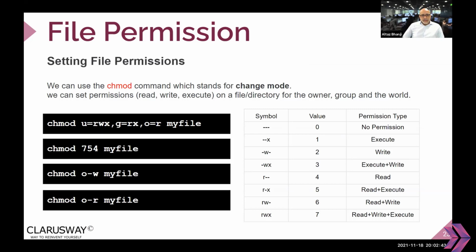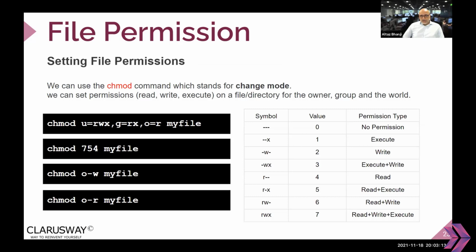So I'm going to say chmod u, so user or the owner, is going to be R, W, and X, read, write, execute. For the group, it's just going to be read and execute. And for others, it's just going to be read. So you do that, and then you tell it which file, my file. So that changes the permissions for that file to be read, write, execute, and read.